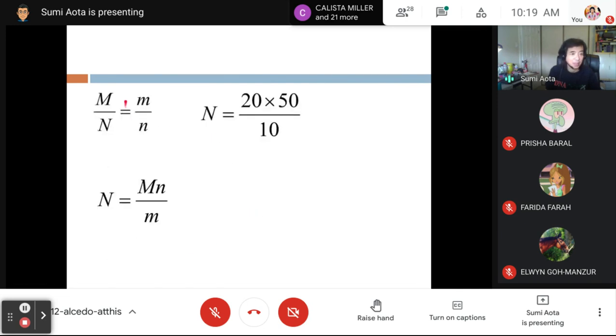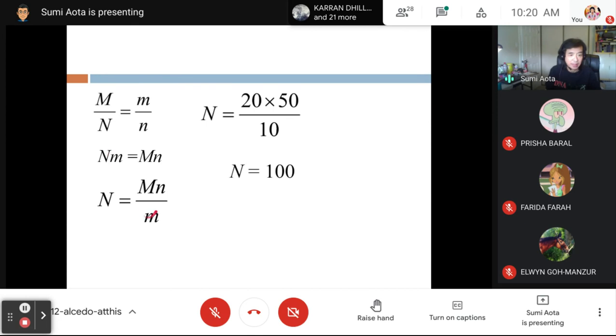So you just plug it into this equation. Rearrange so you're solving for capital N, which would be capital M times lowercase n divided by lowercase m. When you plug the numbers in, 20 times 50 over 10, it's 100. So capital N times lowercase m equals capital M times lowercase n.